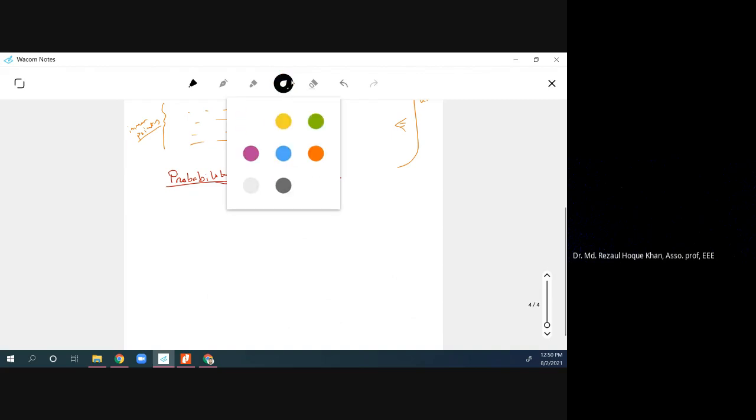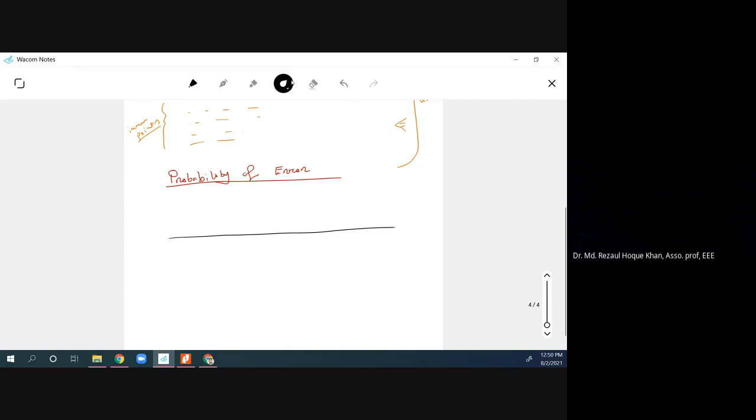Let's see when the error happens. Okay. For example, this is minus a. This was a. This was 3a. Okay. So in between boundary, this is twice a. This is 0.